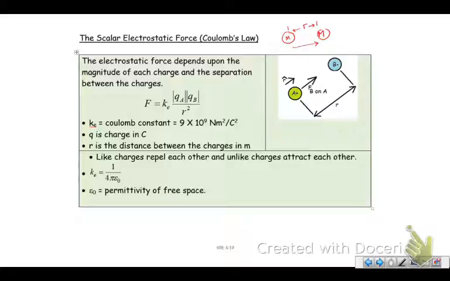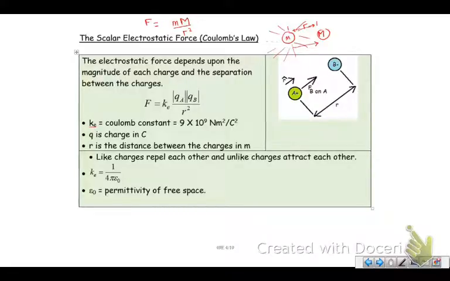The force felt by one of these was dependent on the little mass and the big mass, and it got weaker as the two masses got further apart. Because it's spherically symmetrical, the sphere of influence spreads out in all directions. It's an inverse square law, so this will be over r squared. If I double the separation, I get 1/4 the effect.